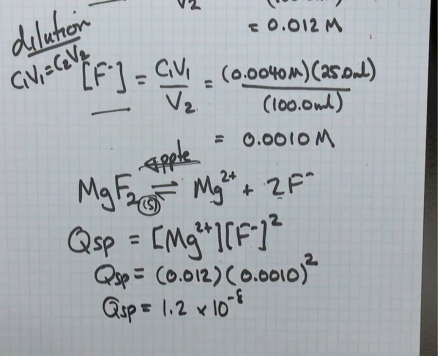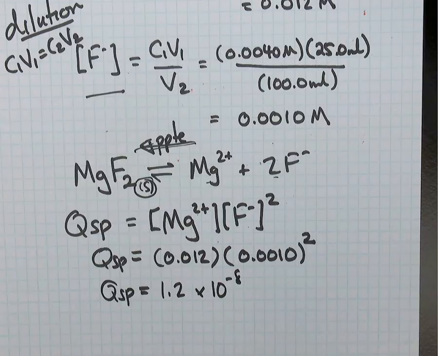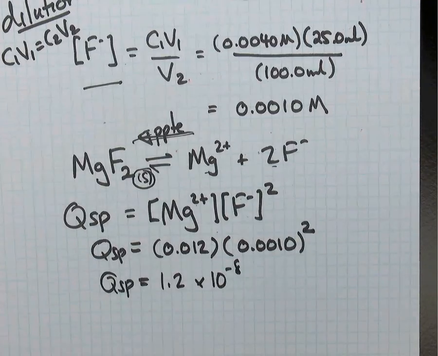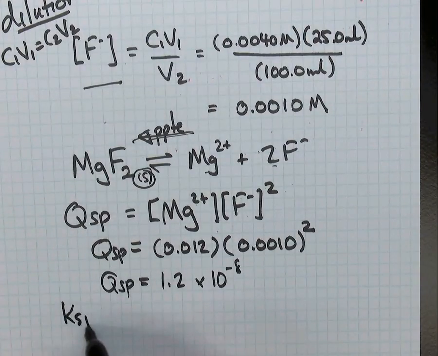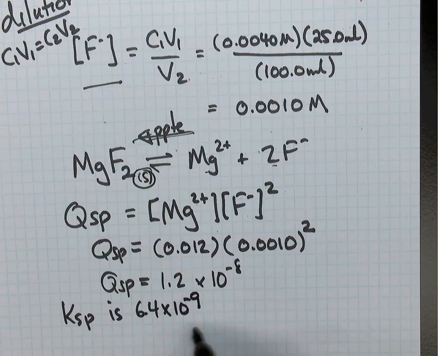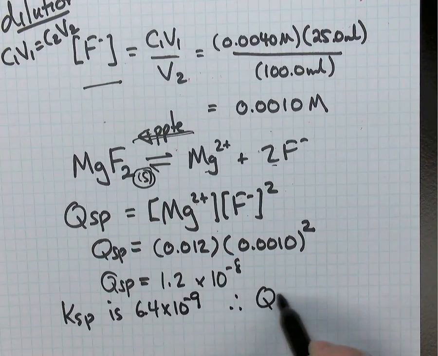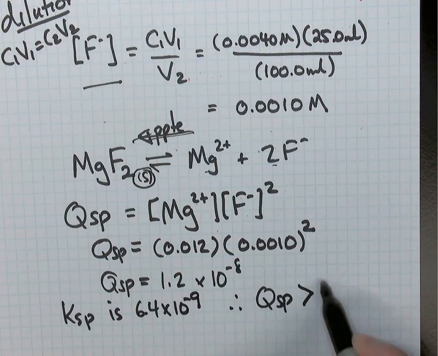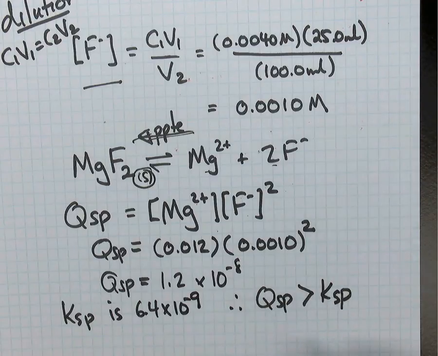There's the value of QSP. Now the question told us that the KSP for magnesium fluoride is 6.4 times 10 to the minus 9. Therefore, our QSP is bigger than KSP, and therefore the precipitate will form.